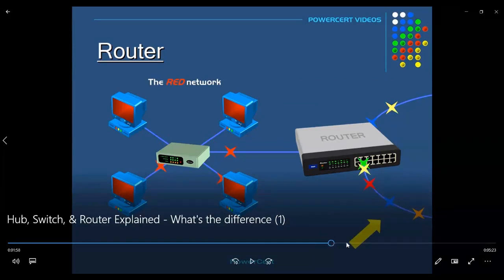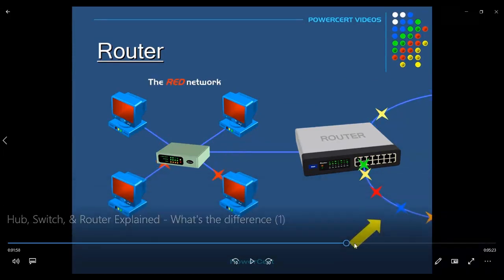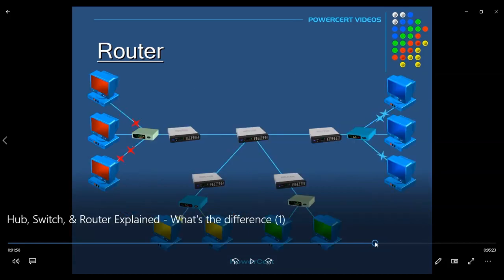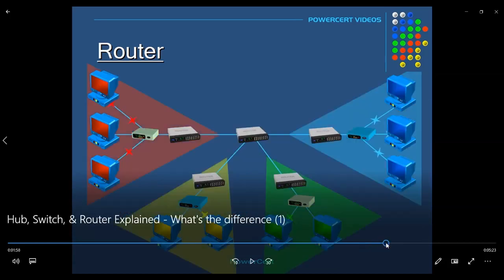A router has an IP table, and it always checks the source address as well as the destination address, and accordingly the router will route the traffic to the desired network according to the IP address.